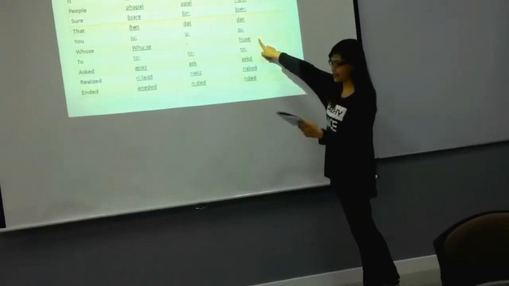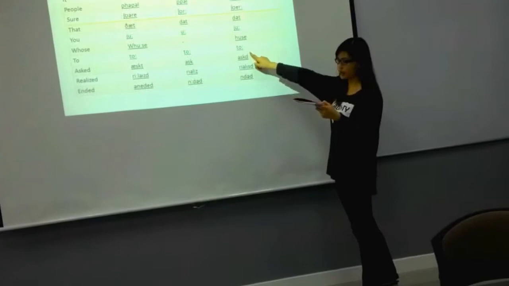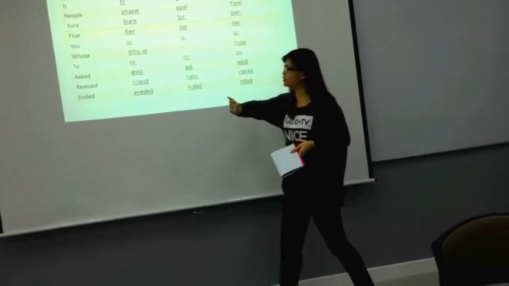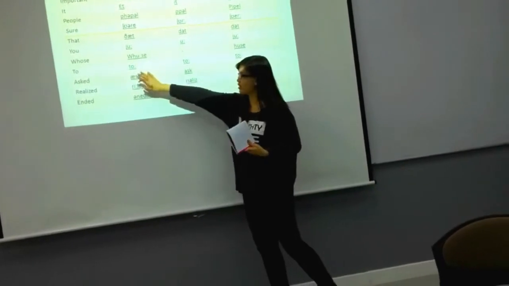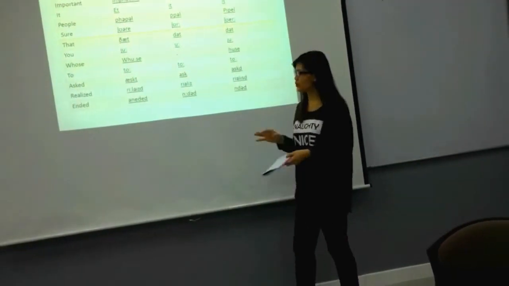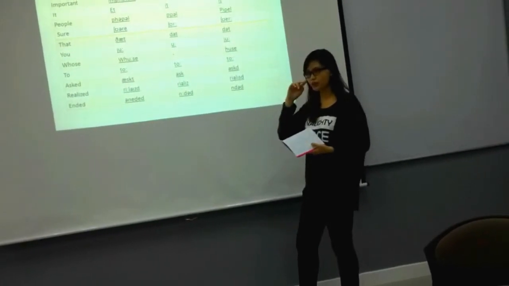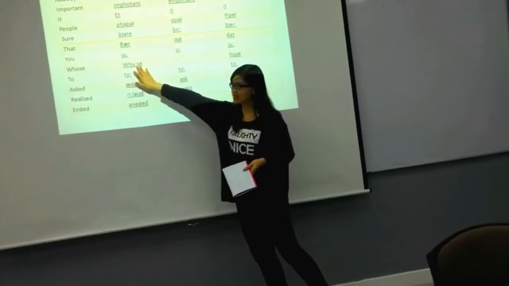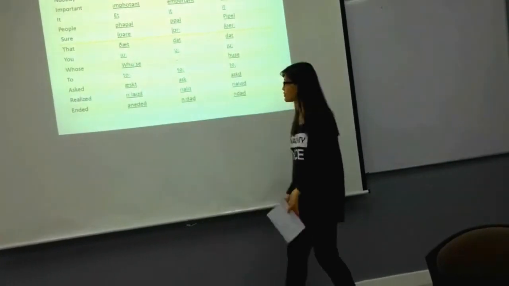For the Indian guy, he will pronounce "whose job is it" without stressing the W. He will just stress on the word hash, like "whose job is it". No W sound will be heard. For British, "whose job is it".